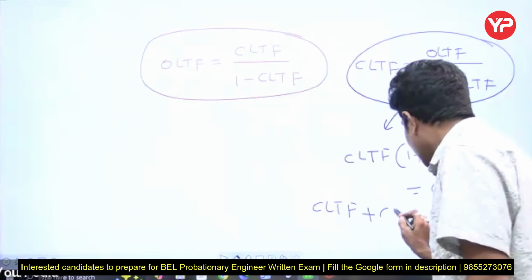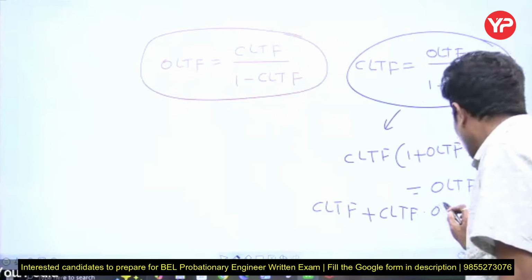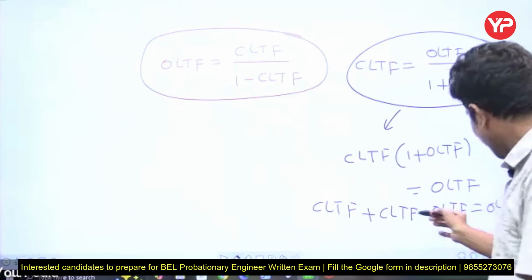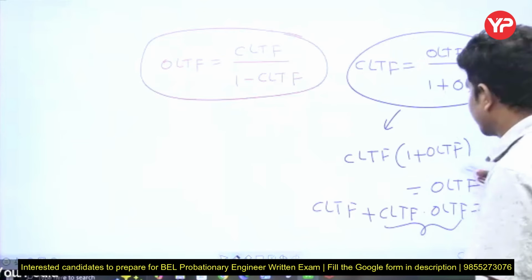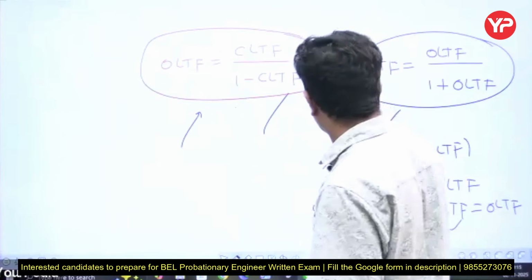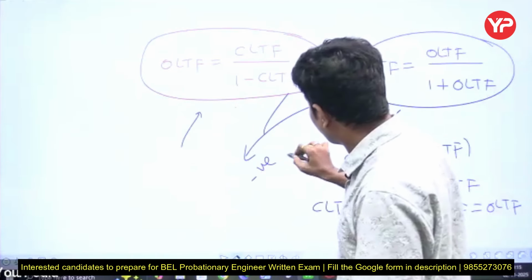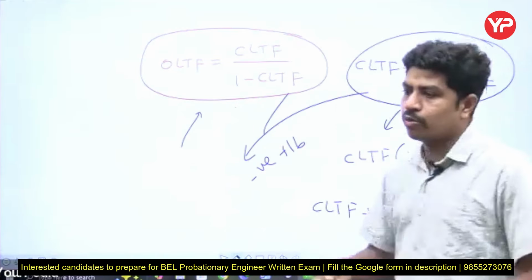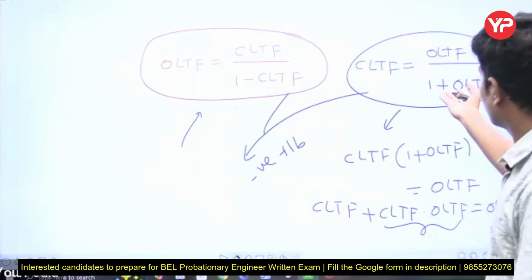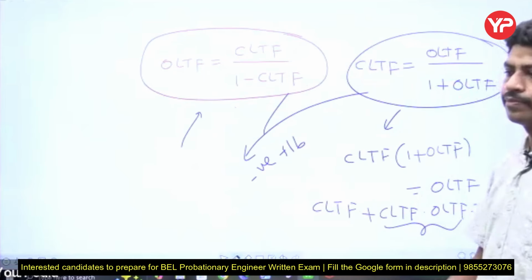CLTF plus CLTF into OLTF is equal to OLTF. So take that OLTF part to that side. For negative feedback, these two are valid. For positive feedback, you just have to put the exactly opposite relationship. Here you put a minus, there you put a plus.